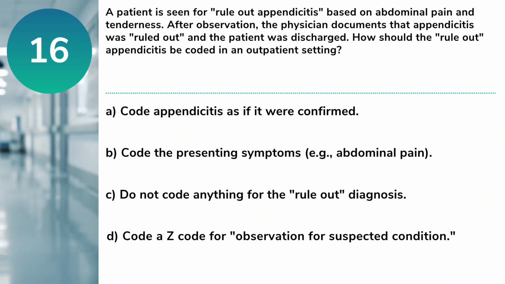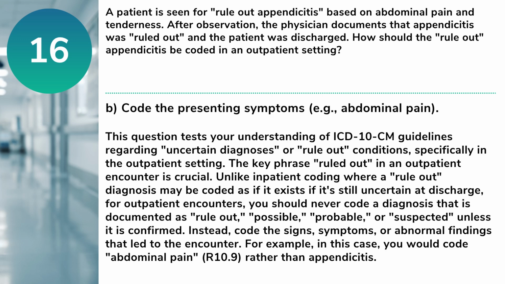B. Code the presenting symptoms, e.g., abdominal pain. C. Do not code anything for the rule-out diagnosis. D. Code a Z code for observation for suspected condition. Answer: B. Code the presenting symptoms, e.g., abdominal pain.